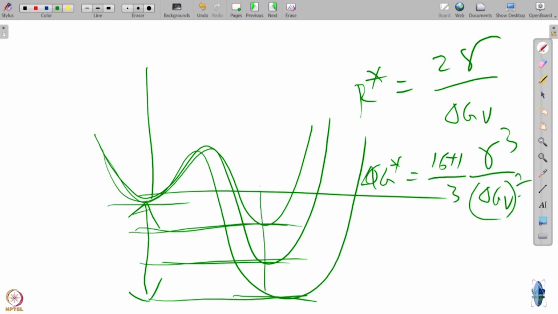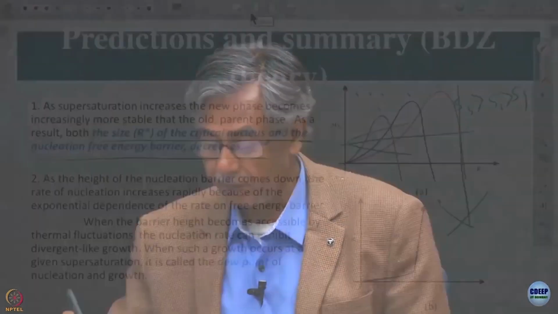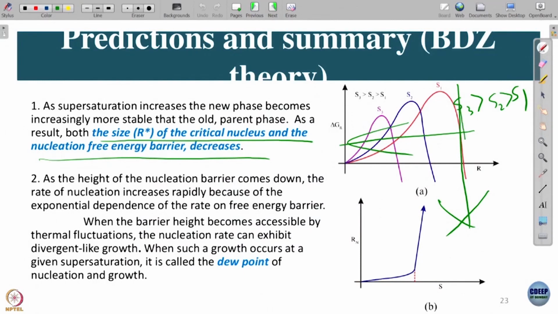So, as we increase supersaturation, or at a lower temperature, we call it increased supercooling. Like when water, instead of 0 degree centigrade, I go to minus 5, minus 10, minus 20, below the freezing, then the barrier comes down, as I said, and the size comes down.